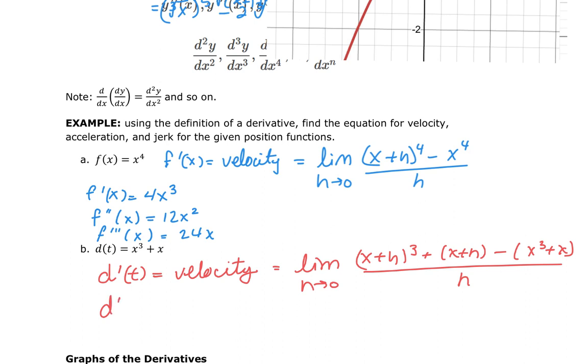And so d prime of t, I'm just going to give you the answers here and you can check them. So 3x squared plus 1. d double prime, which is the acceleration, is going to be 6x. And d triple prime of t, which is the jerk, is going to be just 6.